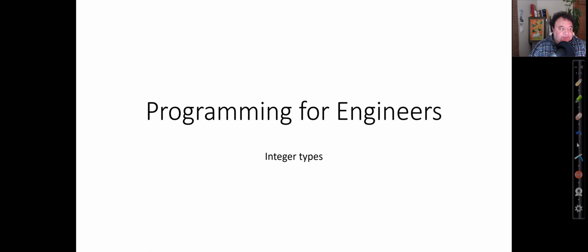In this module, we start looking at numerical data types in C++, and we look at how important it is to be at least aware of their characteristics and limitations.